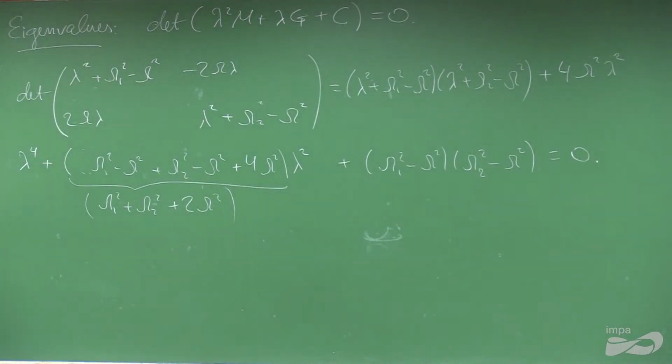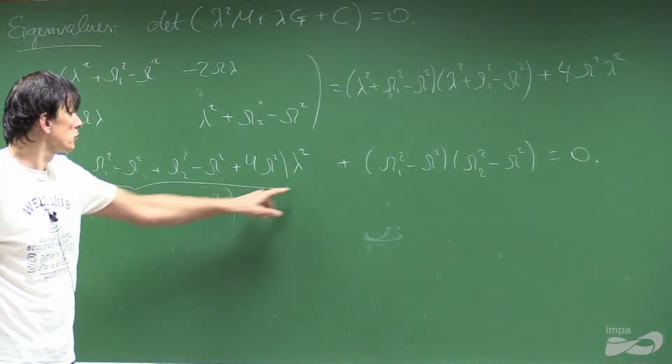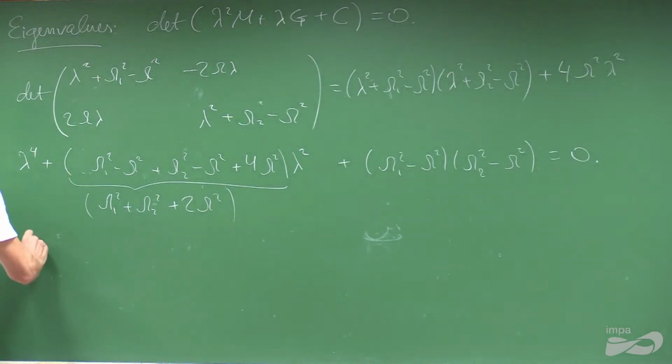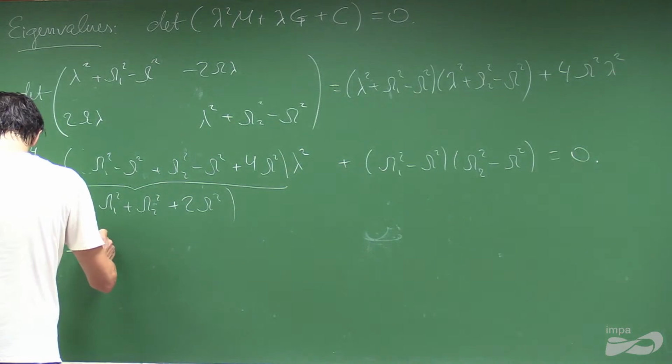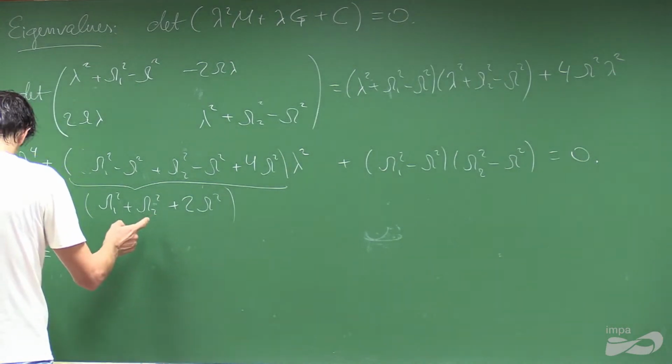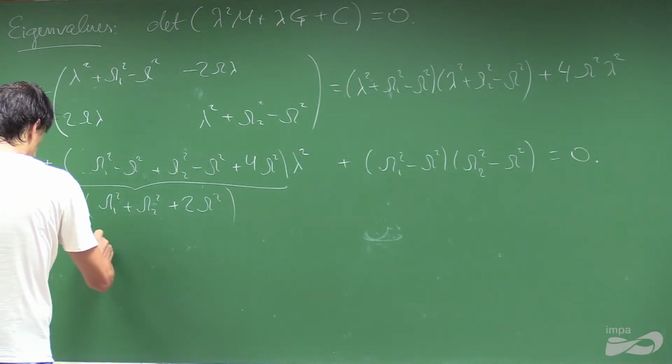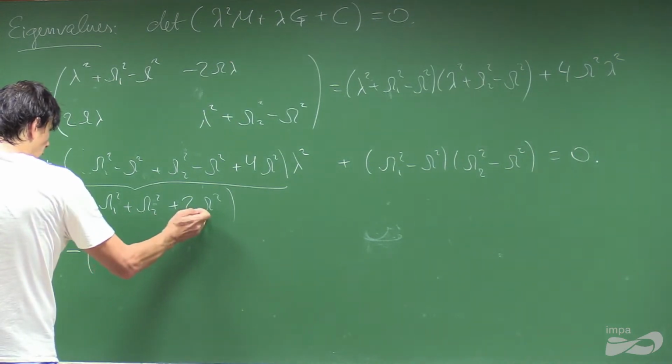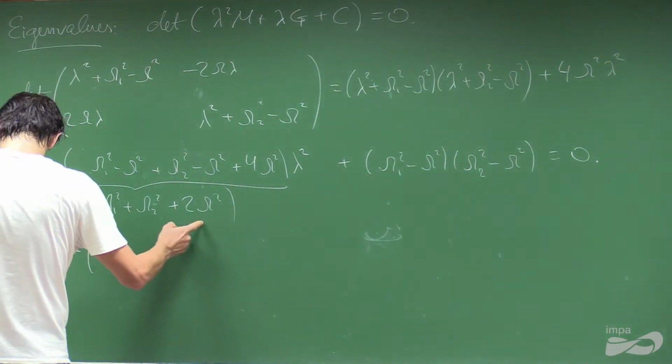So we now have a quadratic equation with respect to lambda squared, so we find lambda squared. So it is minus this term, so let's take this term over 2. I will start writing from this side.